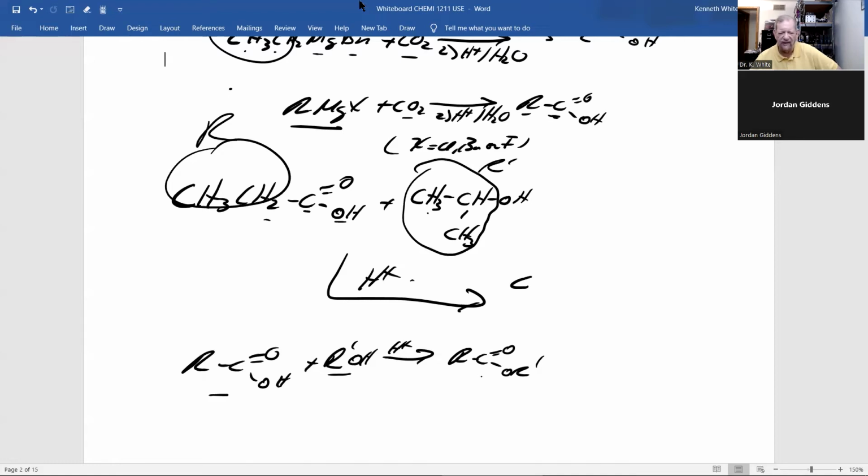So here's my carbonyl carbon. What's attached to it stays attached to it. The carbon in the alcohol with the hydroxyl group is the carbon bonded to the oxygen in the ester. So that's an isopropyl group. And that's how you do it.